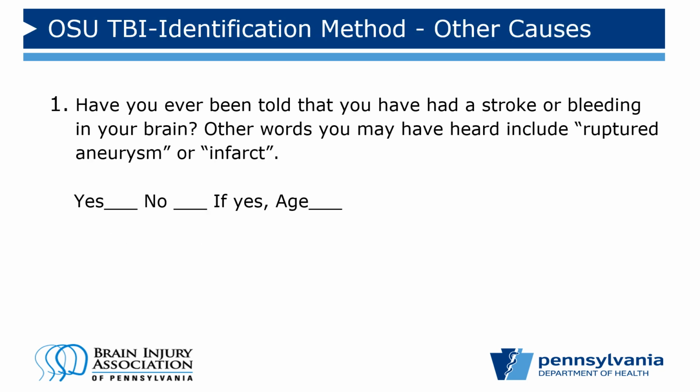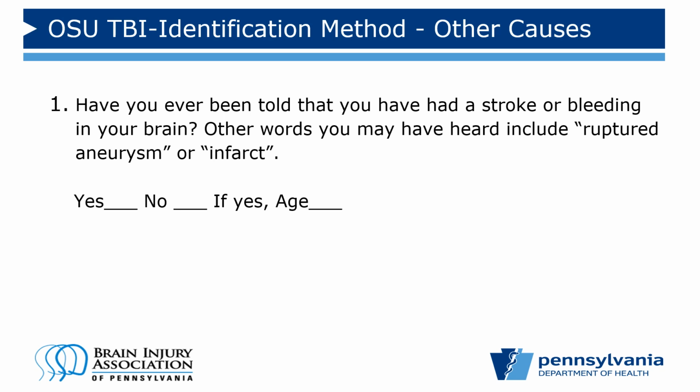On the second page or the back of the OSU-TBI-ID form, you will see a box entitled Other Illnesses/Medical Problems that gets at those non-traumatic causes of brain injury. You're to ask the participant this series of questions and then answer yes or no to each of those, recording also the age at which any event reported happened.